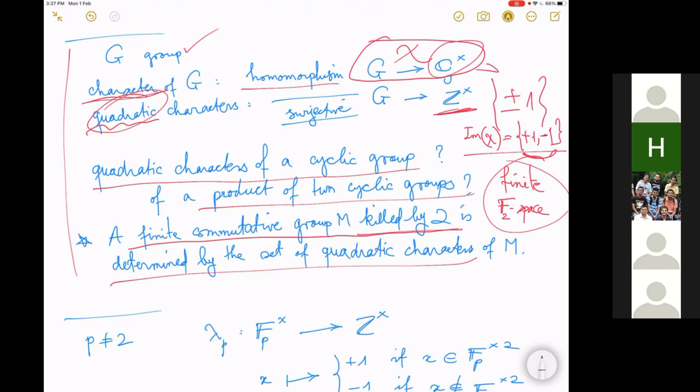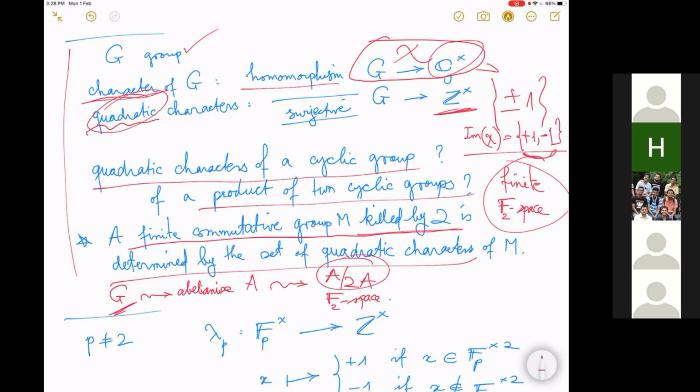So basically, what a quadratic character does, you have a group G. You can abelianize to get a group, let's say A. And from A, you can do A modulo 2A, which is an F2 space. So this quotient, of course, does not determine G at all.